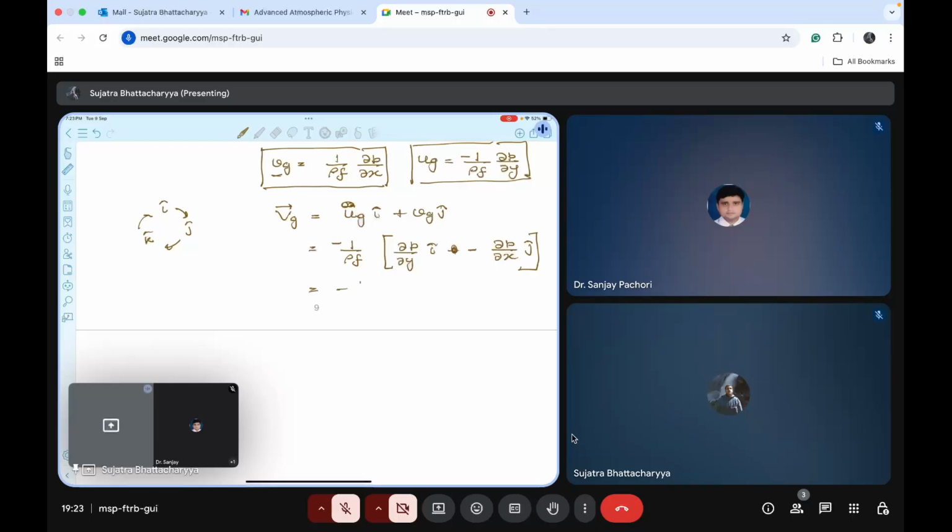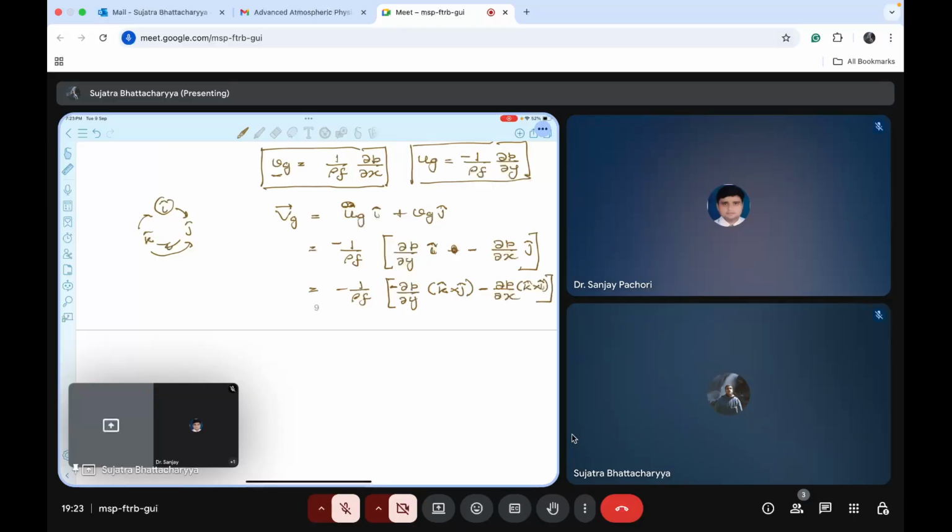Minus 1 upon rho, delta p delta y. Can we write this i hat as minus k cross j? Because if I do k cross j, it will be minus i. Similarly, delta p delta x, the j, can we write it as k cross i with a positive sign?